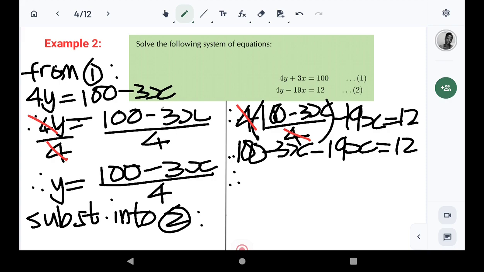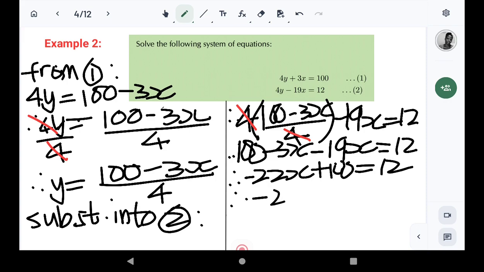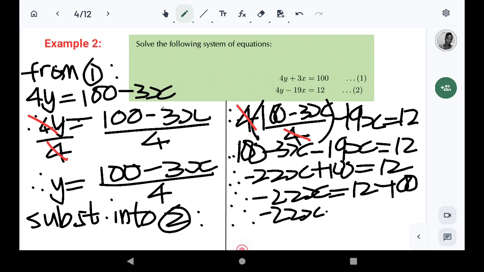Minus 3x minus 19x, that's negative 22x plus 100 equals to 12. Take the 100 to the right hand side, and you're left with negative 22x equals to 12 minus 100, that is equals to negative 88.